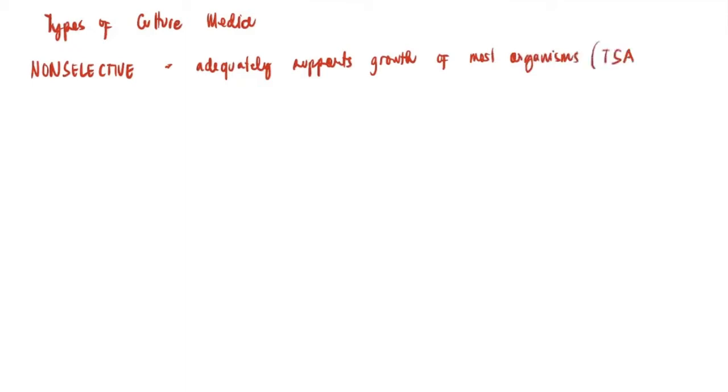So pag non-selective, that means this type of media adequately supports growth of most organisms. Okay? So, concrete example natin dito is yung ating TSA, the tryptic soy agar. Okay?